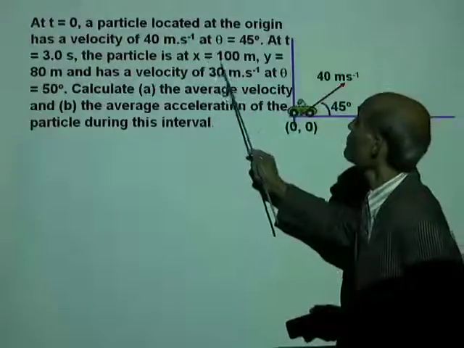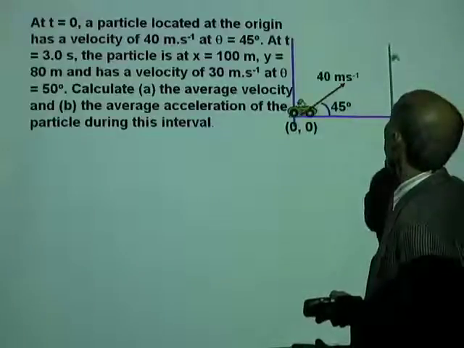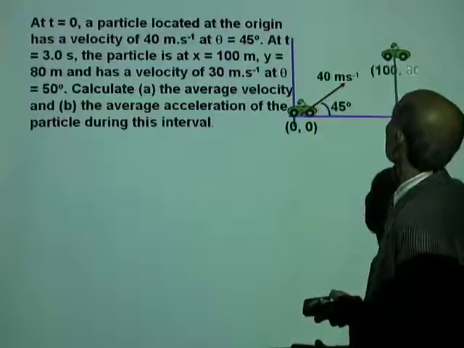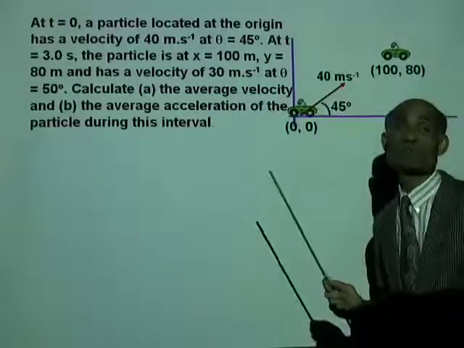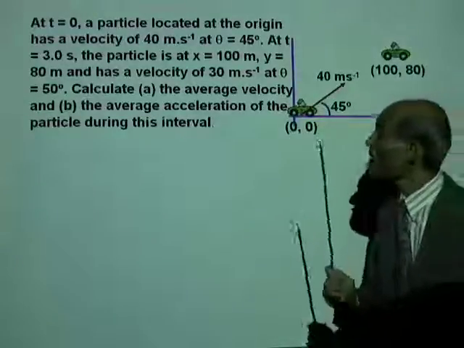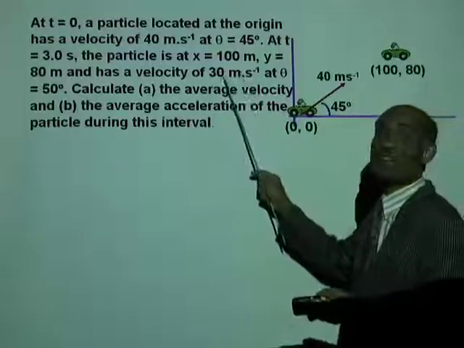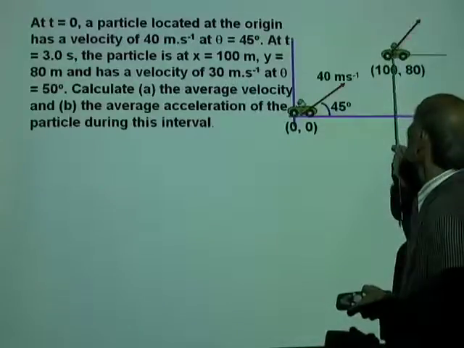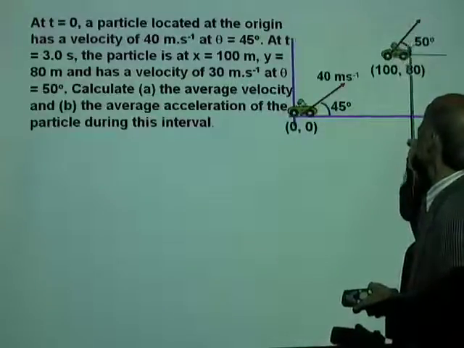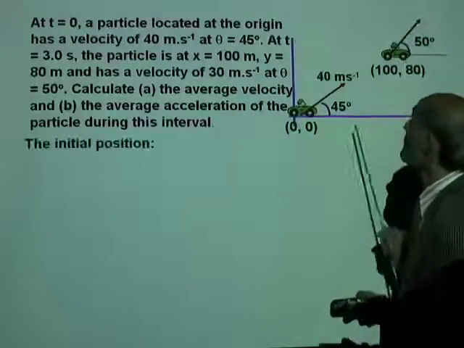It is at x equal to 100 meter, y equal to 80 meter. It is here. And at that time, what is its velocity? Its velocity is 30 meters per second at an angle of 50 degrees.